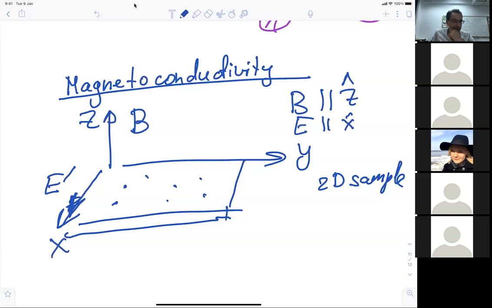Any ideas? What is the question? What does a magnetic field do generally? Why do we want to include magnetic field in our treatment? Why magnetic field? Why not, I don't know, gravitational fields?